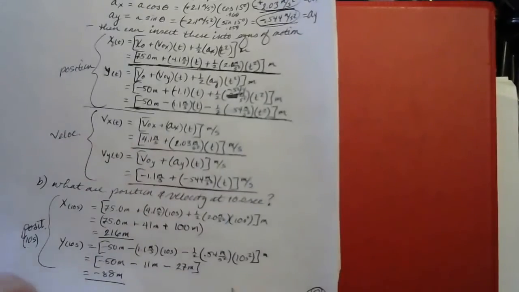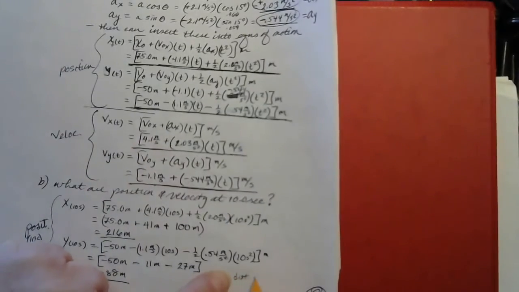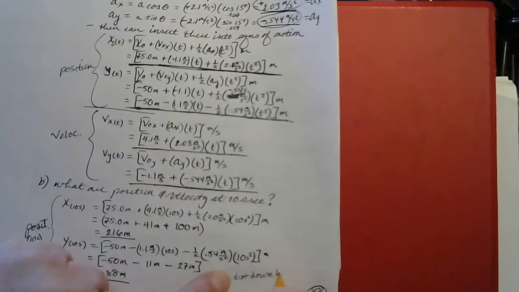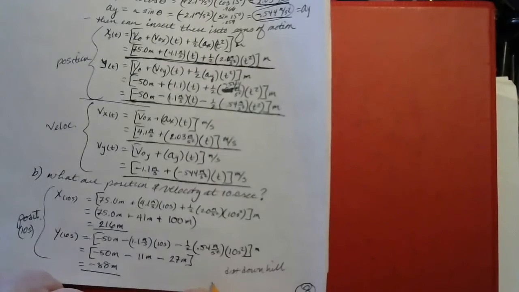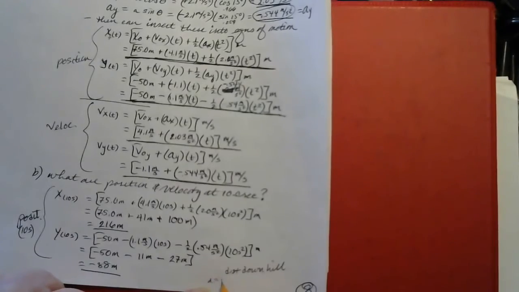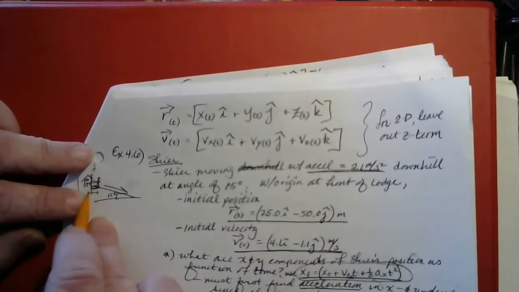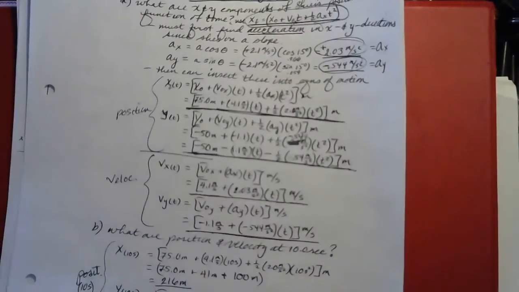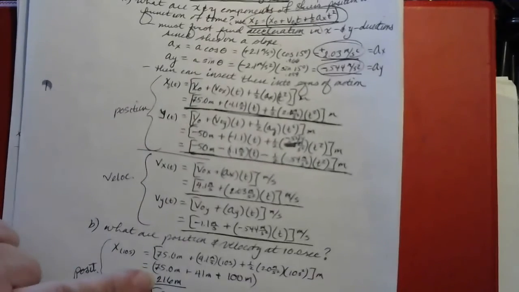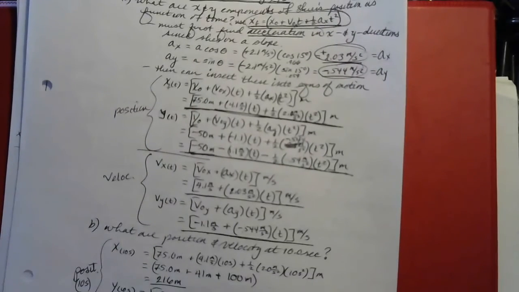Okay, the question didn't ask it, but if you really wanted to know the distance downhill, what you're doing here is taking the hypotenuse of a right triangle. So the distance the skier is down the hill is basically c squared equals a squared plus b squared. Or in other words, c is the square root of a squared plus b squared. And so there's a and there's b.